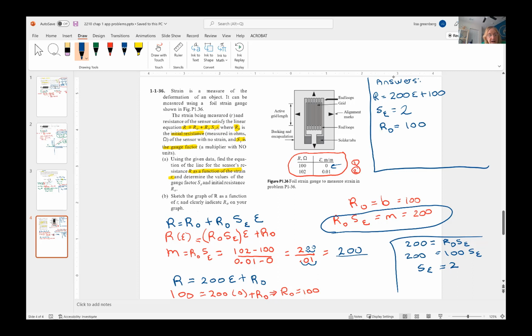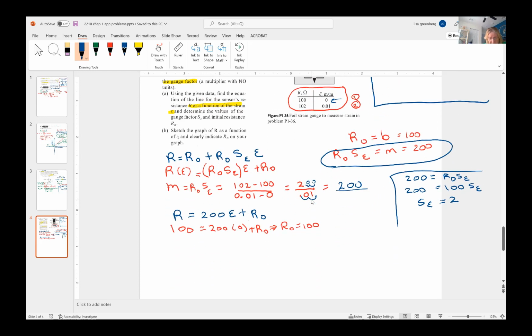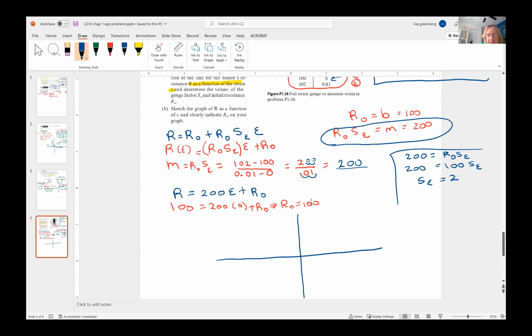And all the questions that you have for part B are basically just graphing it. And graphing it, don't make it hard. You have 2 points, and to make a line, all you need is 2 points. I'll graph it for you. So it's going up from 100 to 102.